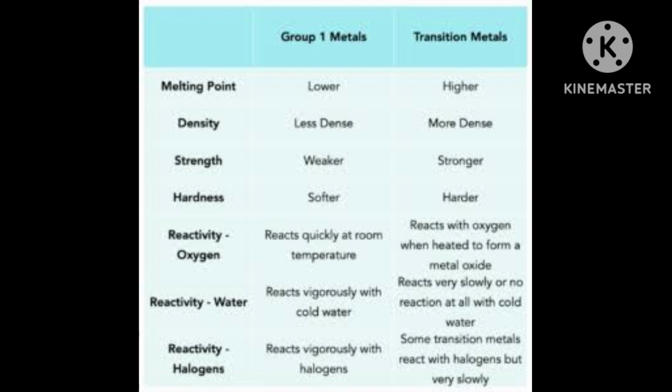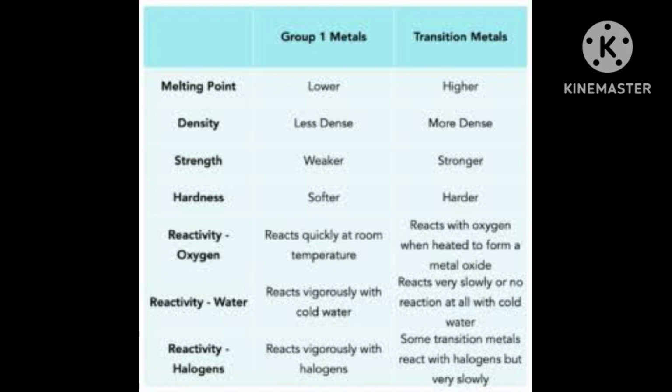Vanadium value is minus 1.18, chromium is minus 0.91, manganese is minus 1.18, ferrous is minus 0.44. You remember it. For solving numericals, this value is very important.